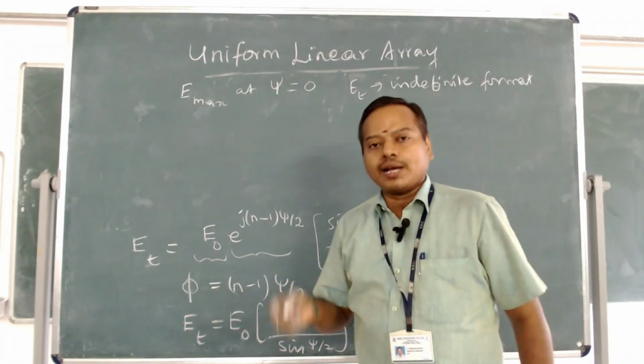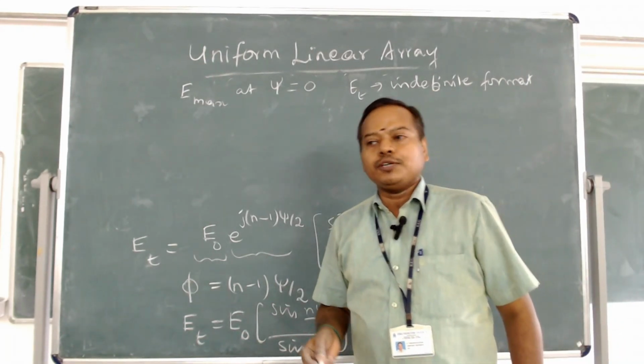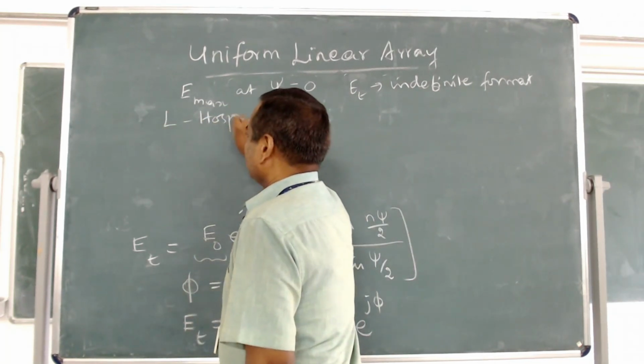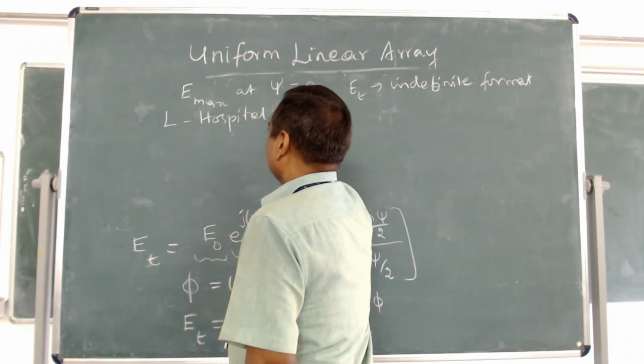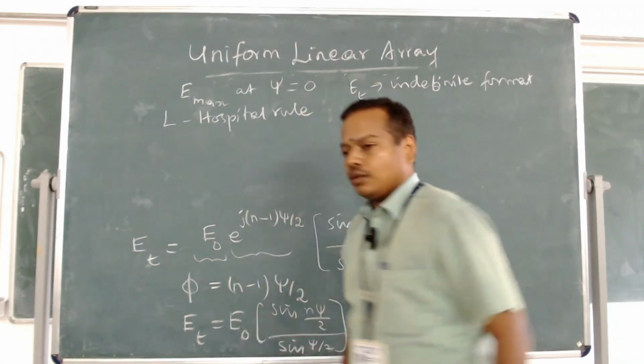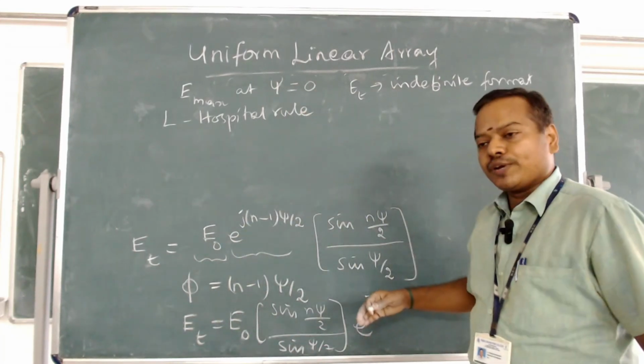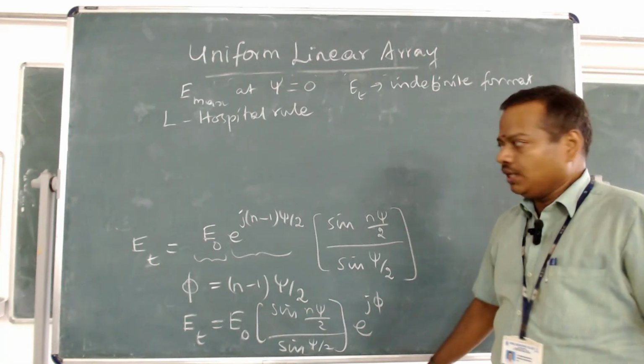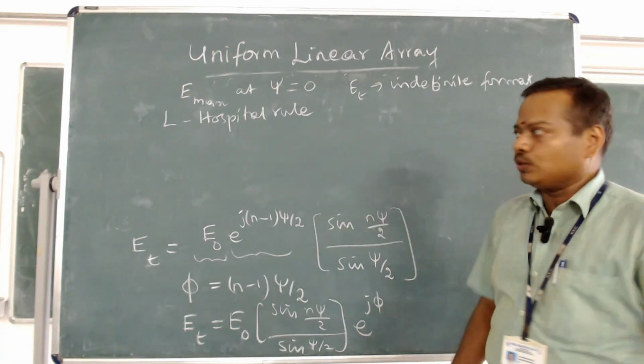So in order to find the maximum value, we need to use the L'Hospital rule. That means we need to differentiate the numerator and the denominator separately, then substitute psi is equal to 0.